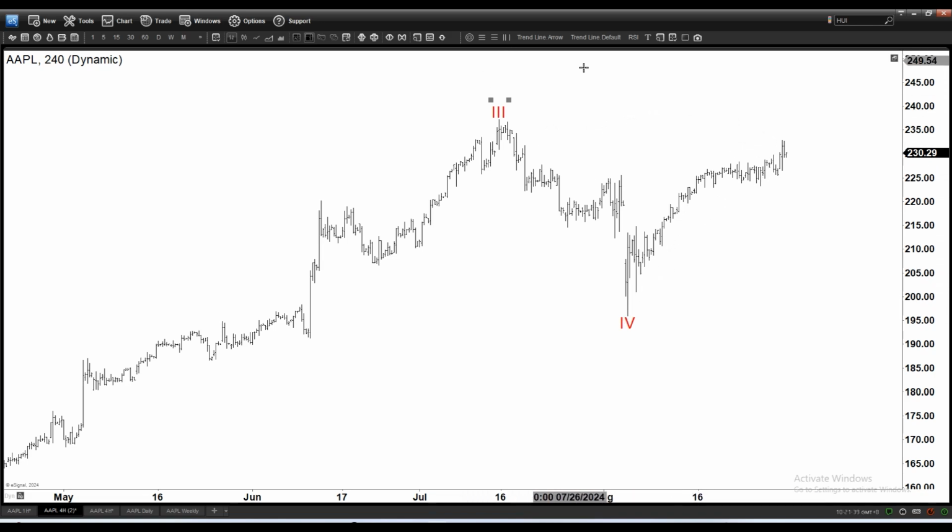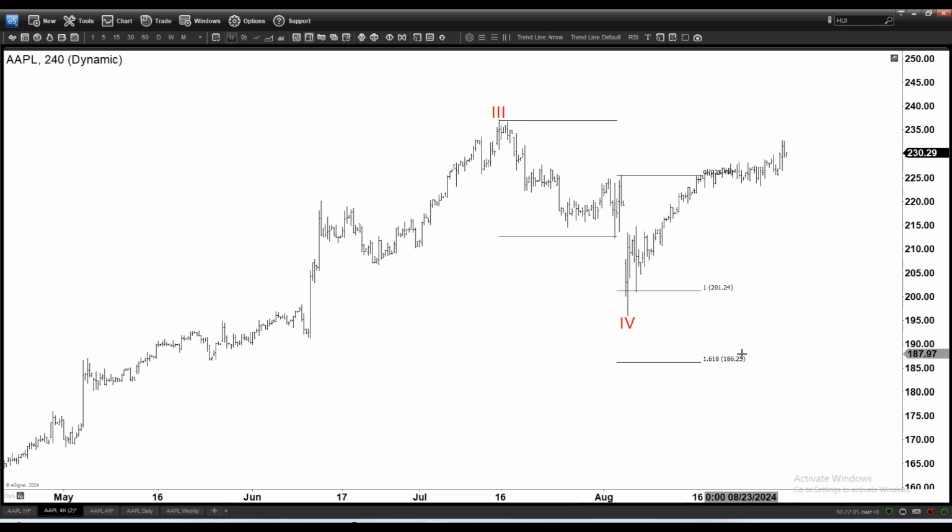Now a couple of things we can observe in the 4 hour is this pullback definitely was not a 5 ways down, right? It does not, it looks a 3 ways down, which is corrective. In fact, if you measure the extension, then you can figure out that not only that it looks like a 3, it rallies from the area where you anticipated it to rally, which is the 100% extension.